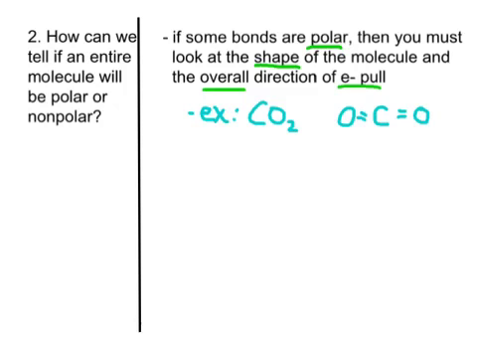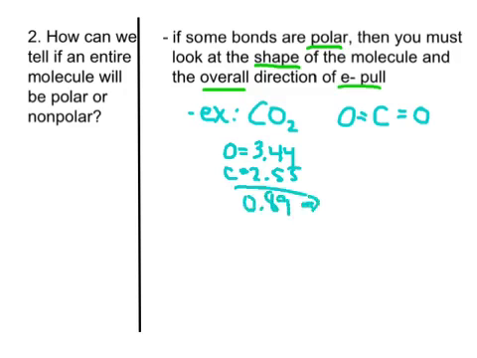So if we take a look at the electronegativity differences between oxygen and carbon, oxygen is 3.44, right? Carbon is 2.55. So we get a difference of 0.89, which means that the bond between carbon and oxygen is polar.